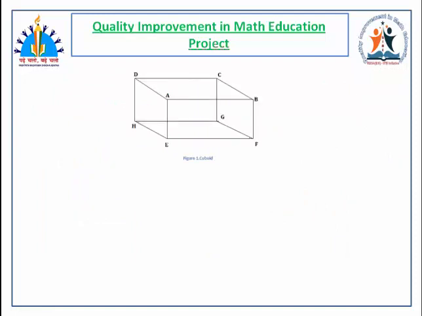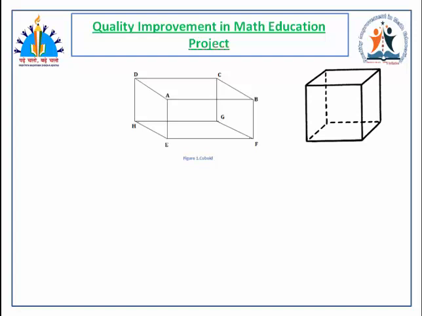Here is a cuboid and a cube. Observe and tell me what is the difference between shapes of surfaces of cuboid and cube.